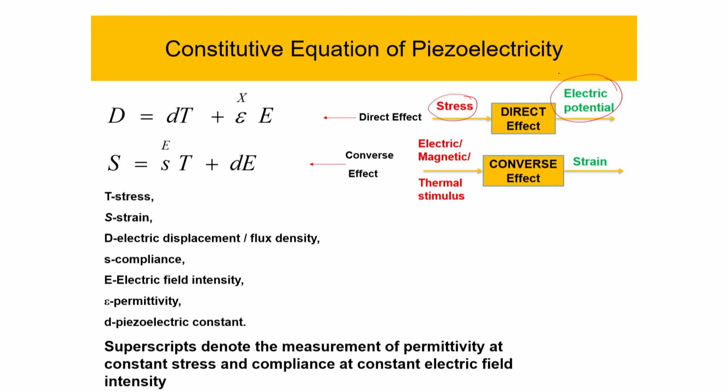That means a change in terms of the charge. Okay. So, that way you can use it as a sensor, and in the converse effect it is the other way around, that is, if you give an electric field, you will get deformation in the system, which we will not utilize in this case, but we will utilize the direct effect of the piezoelectric material.